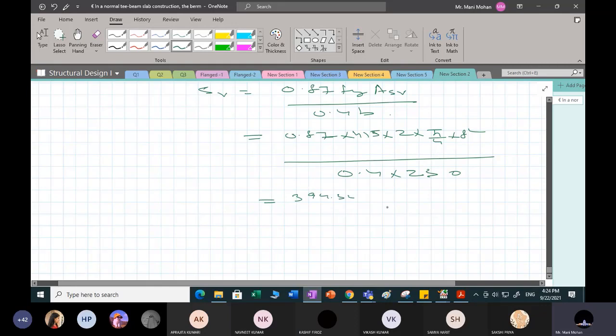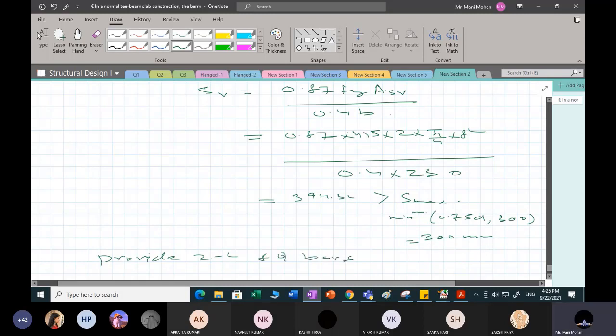But you can see this is greater than the maximum spacing, and you know the maximum spacing is the minimum of 0.75 d and 300. Here the maximum will be equal to 300 millimeter. So you'll say provide two-legged 8 dia bar at 300 millimeter center to center.